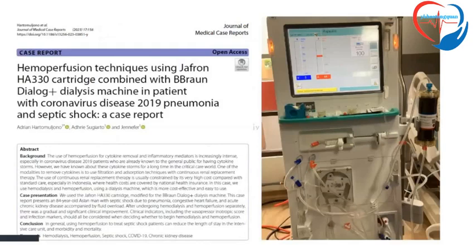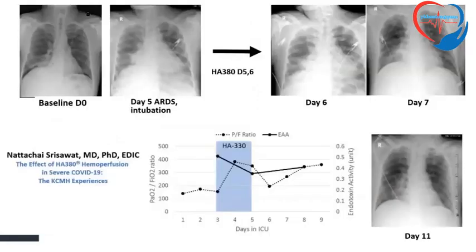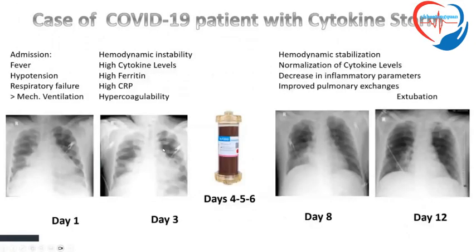There are now several studies showing this use with different machines, as in this case, and this is another study from Thailand, where you can see the improvement in PaO2/FiO2 ratio after 1 or 2 sessions.